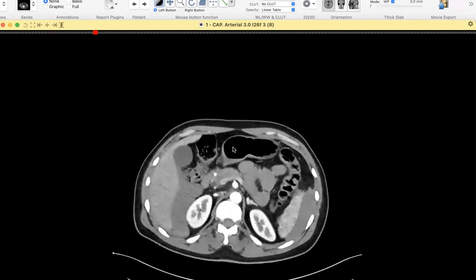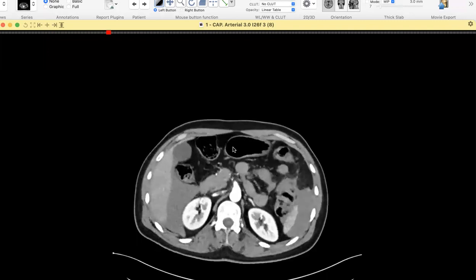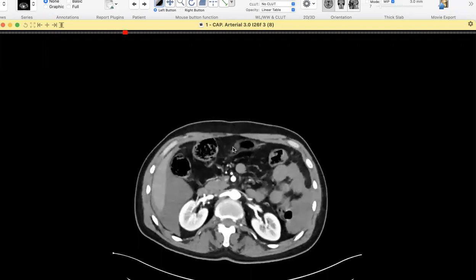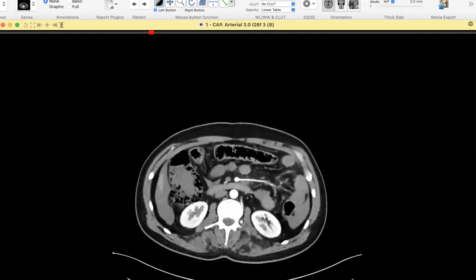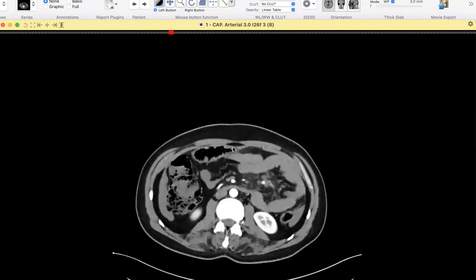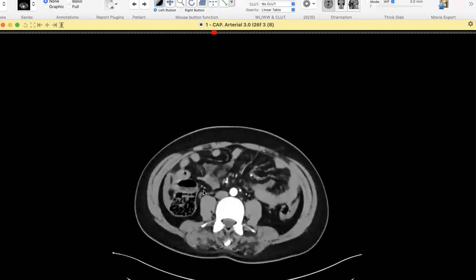The gross abnormality that I can see is moderate to gross abdominopelvic free fluid. In this contrast CT scan of the abdomen, time is over.